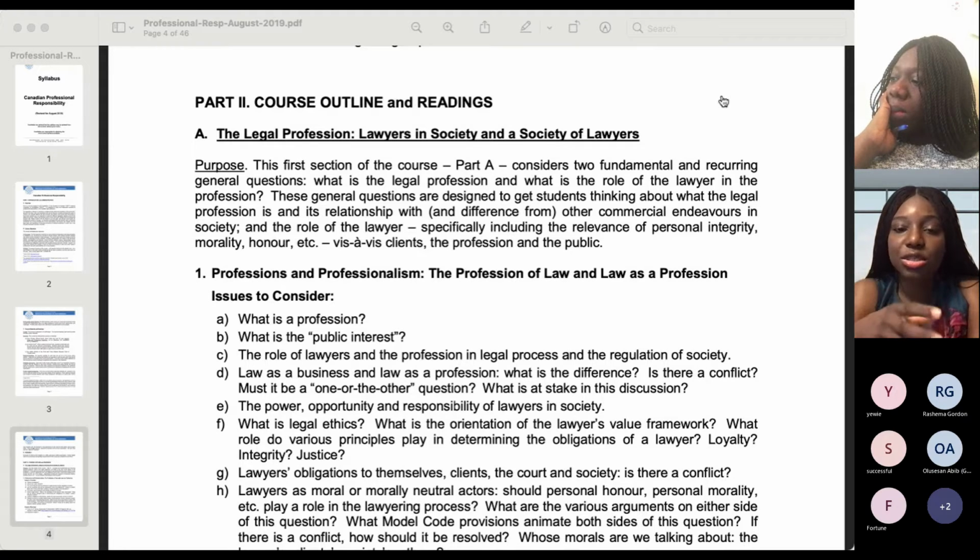You can also get sources or get information from cases, right? You can get information from disciplinary decisions. So if somebody has been reported to the Law Society and they come up with a decision, it's also a source. And there's some other documents as well that are in the syllabus that I'll point out that you can get as sources of Canadian professional responsibility, okay?